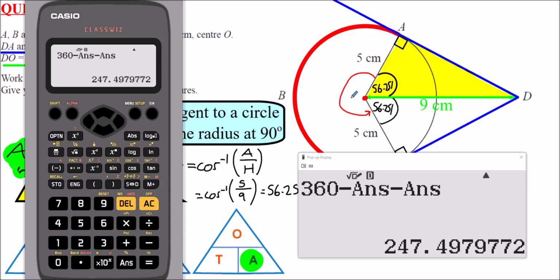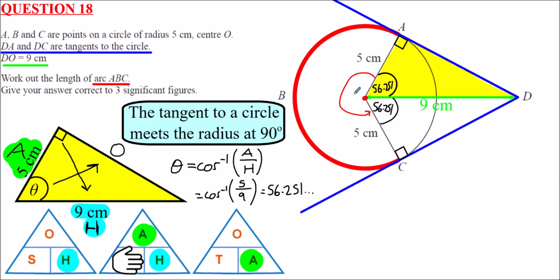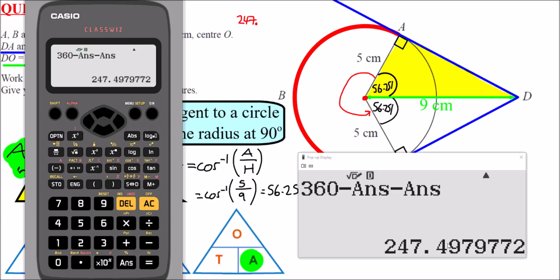This angle here on the other side, therefore, is 247.497972. So this one here is 247.497. It's so close to 0.5, I may as well just call it 0.498 actually.